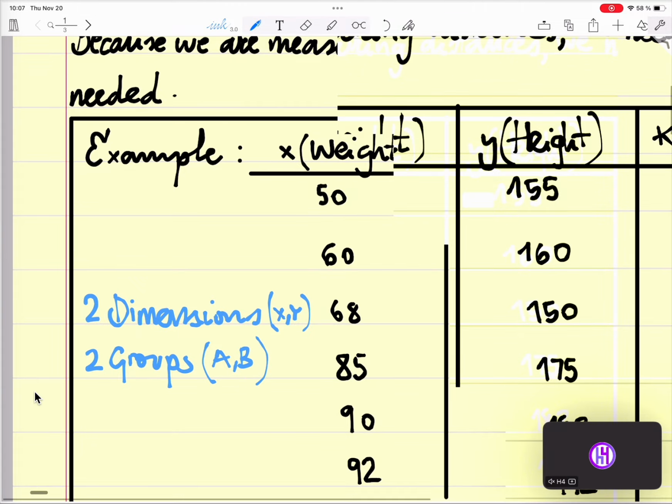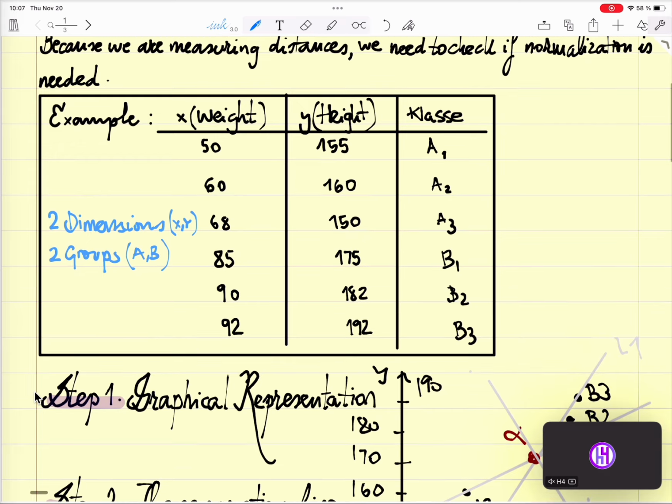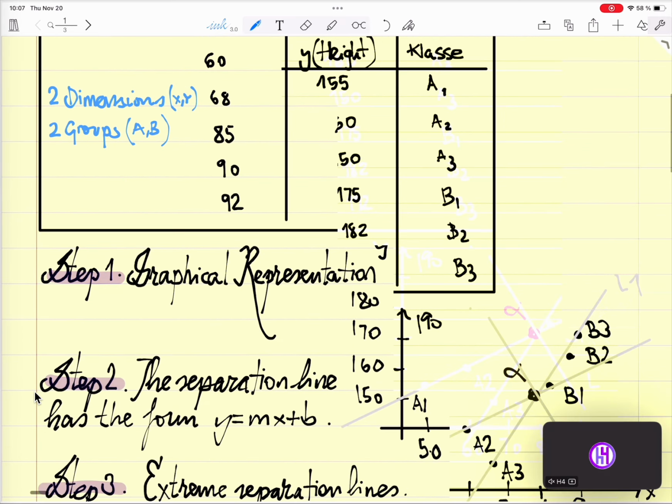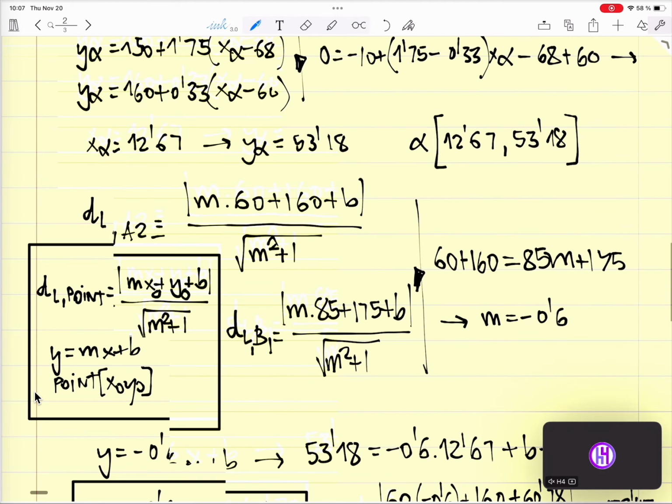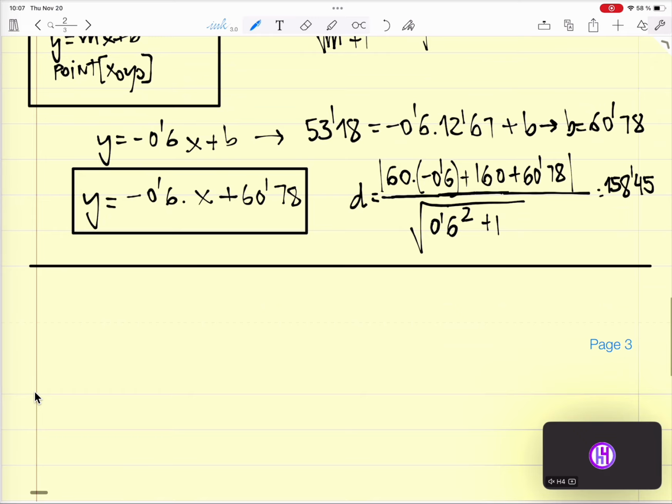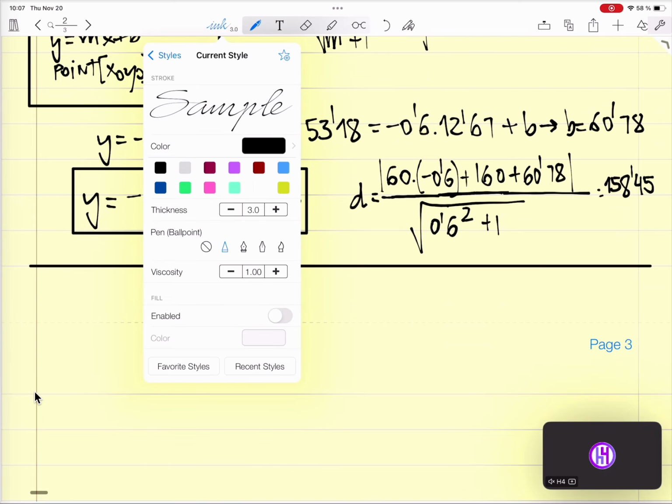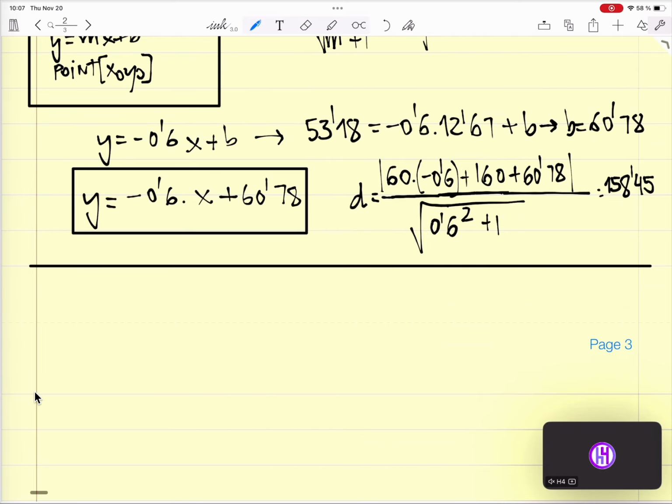But support vector machines can be implemented to many dimensions and many groups, okay. And this is a little bit trickier. So let's see an example of how this is implemented for 2 dimensions and 3 groups, okay.